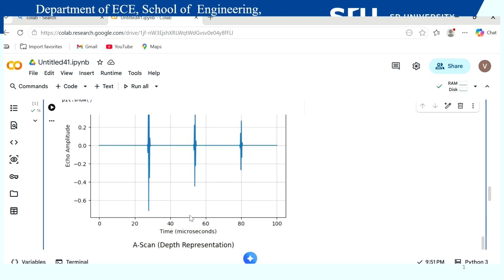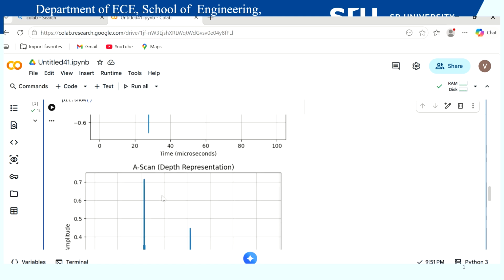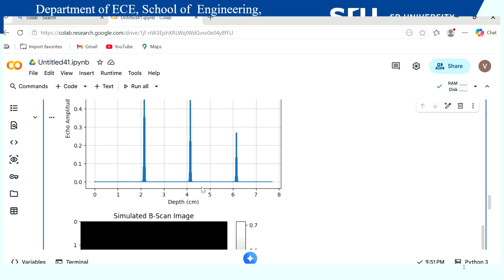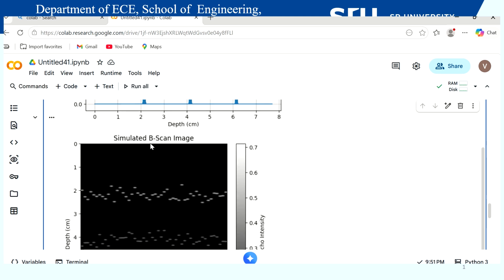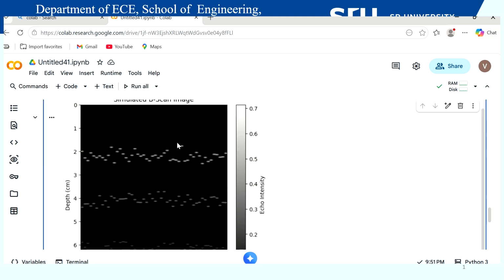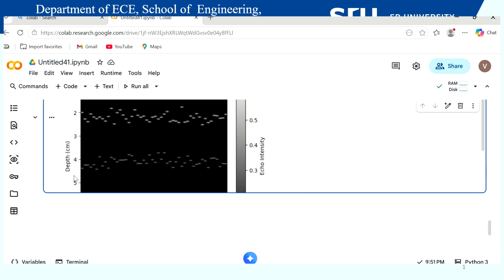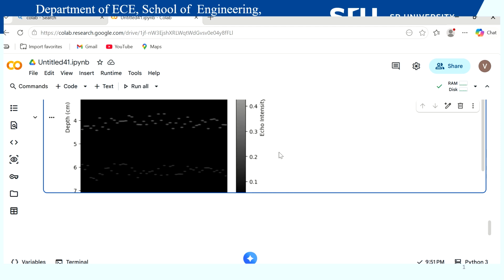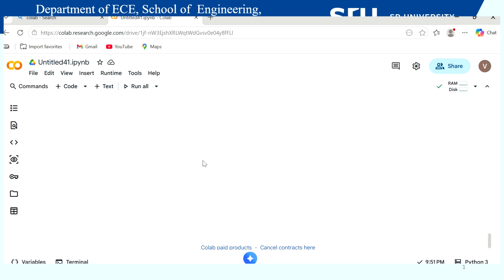It is drawn as time in microseconds versus echo amplitude. Then the A-scan depth representation is drawn as depth in centimeters versus echo amplitude. Then the simulated B-scan image has scan line, depth in centimeters, and echo intensity.